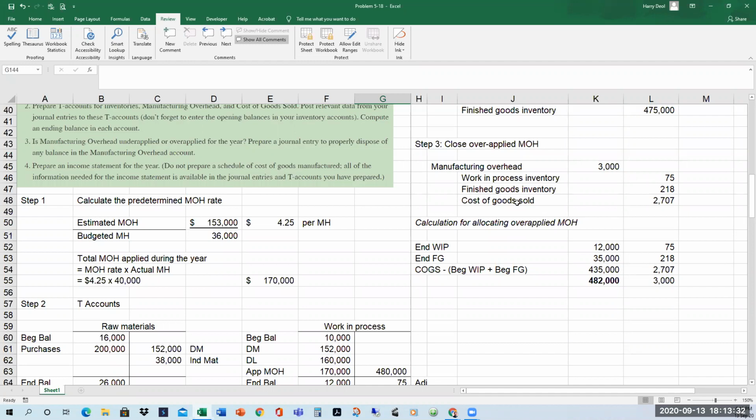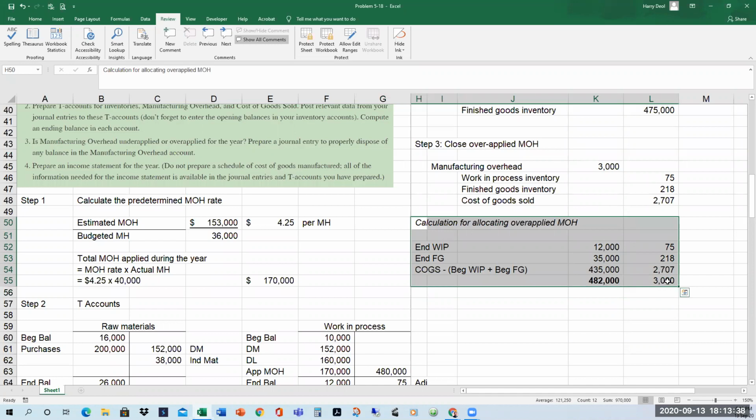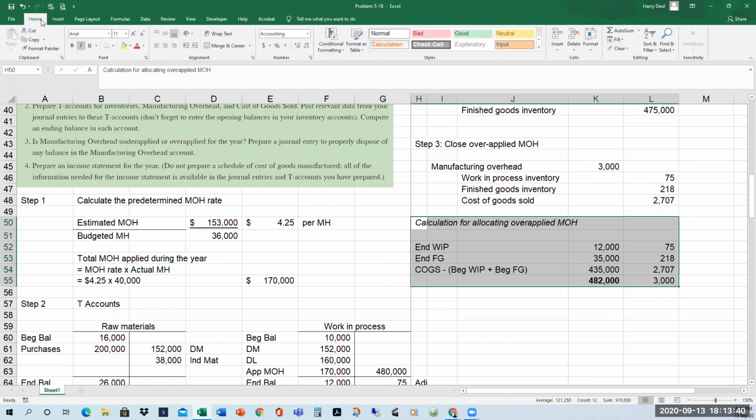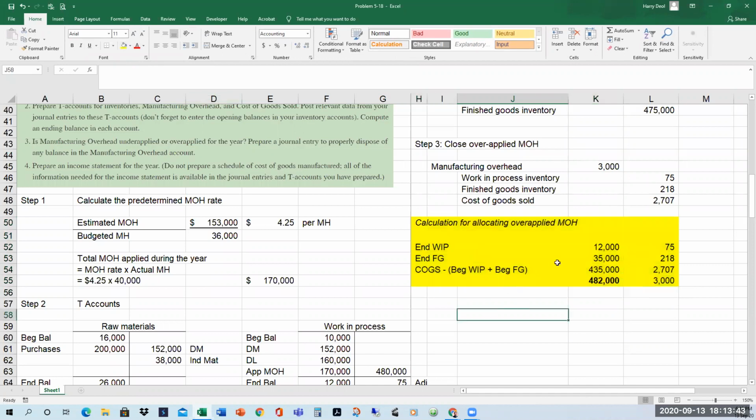Only when the manufacturing overhead is over applied that you have to go through this kind of a calculation where you first take the ending balances of work in process and finished goods. And from cost of goods sold, you deduct the beginning work in process and the beginning finished goods inventory. Add these up to get a total amount, prorate the amount to be allocated. So we had to allocate $3,000 in total for ending work in process. Ending work in process, $12,000 out of 482,000.